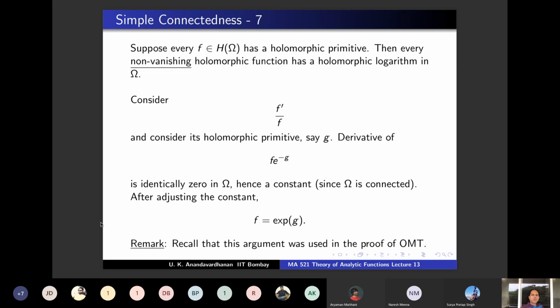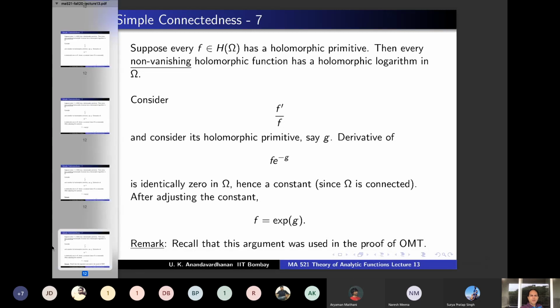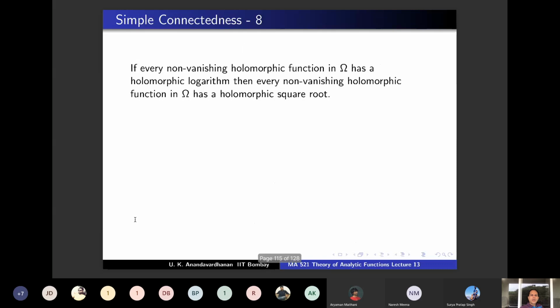And in the next slide, we are going to assume that every non-vanishing holomorphic function has a holomorphic logarithm, and we are going to claim that every non-vanishing holomorphic function has a holomorphic square root. But we have seen this already, right? If f can be written as e power g with g holomorphic, you just take phi to be e power g by 2.